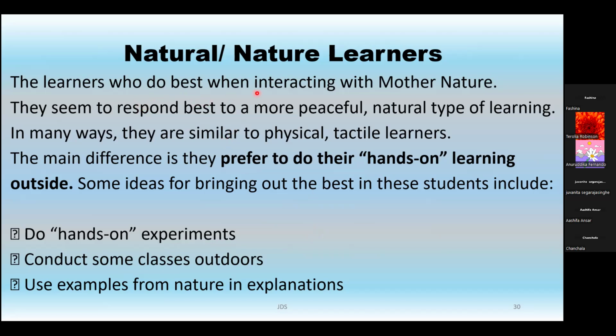Learners who do best when interacting with Mother Nature, when they are placed in a natural environment. They seem to respond best to a more peaceful, nature type of learning.